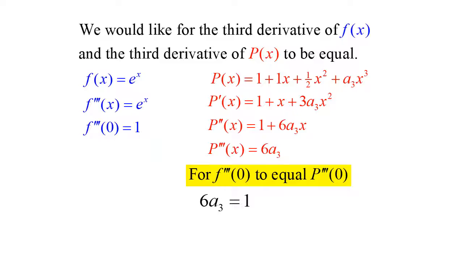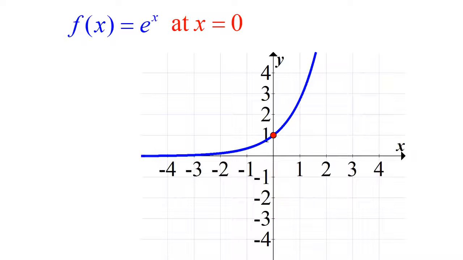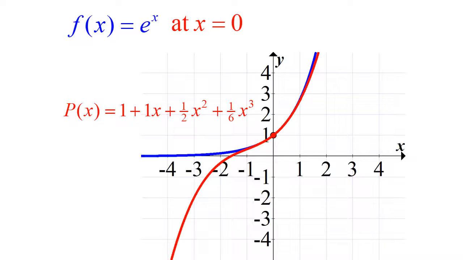Well, you can see a3 would have to be 1/6. So here's the polynomial. And here's the graph of that polynomial. Again, notice how there's an even larger matching of the two.